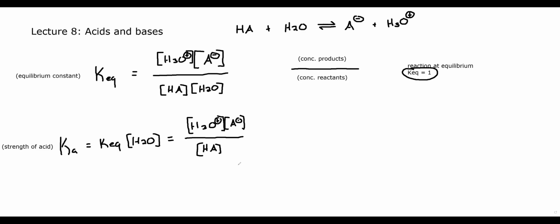Okay, and so if we think about this, Ka, if we have a very strong acid, that means we have something that readily dissociates in water. Okay, that's a very important concept to know. When we have a strong acid, we have something that readily dissociates in water. I'll actually write that out also.